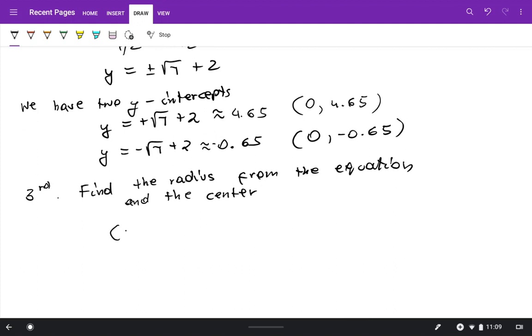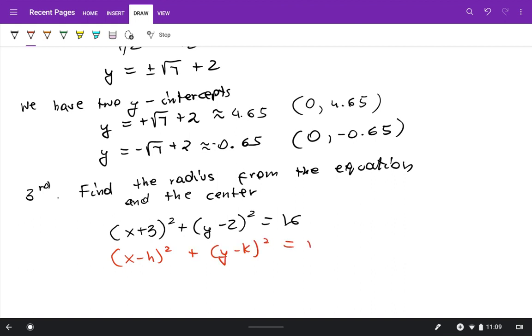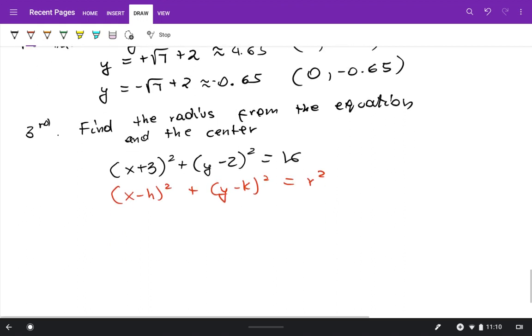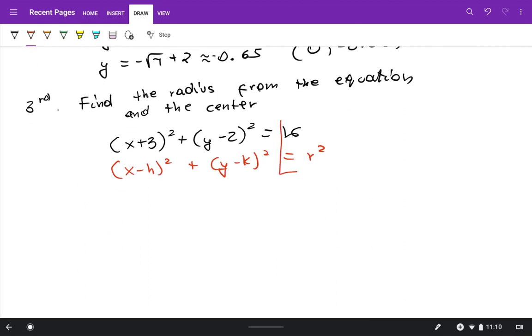The equation of the circle is (x + 3)² + (y − 2)² = 16. We know that the standard form of the circle is (x − h)² + (y − k)² = r². So to find the radius, radius squared has to match with 16.